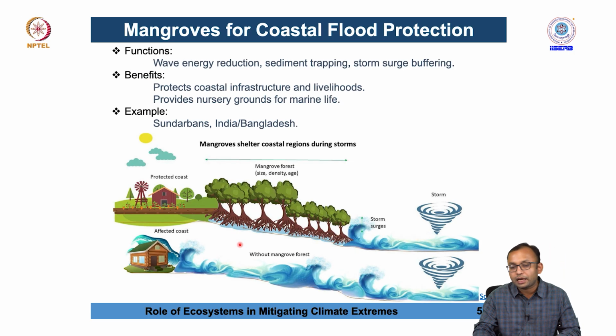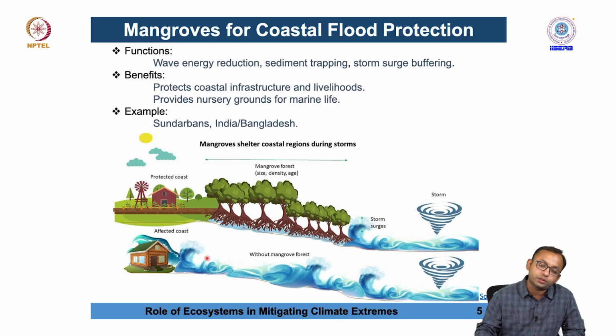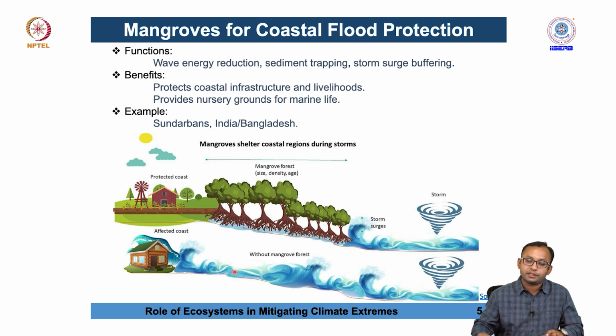This is one example we discussed, where there is a mangrove forest, and storm surges and floods are coming into the coastal area. If you remove the mangrove forest, it is likely that these floods will be very violent, will encroach inside the coastal region, and can affect the urban populations there.